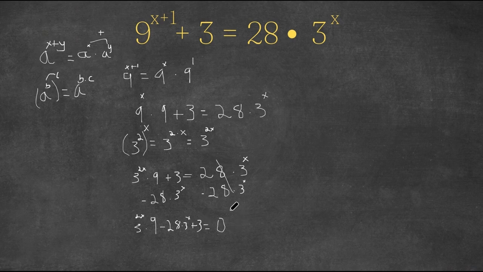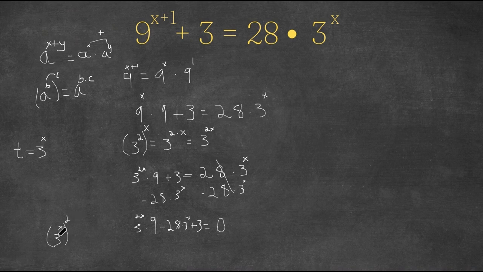So now what we're going to do is set the variable t equal to 3 to the power of x. Because as you can see, we have two terms with 3 to the power of x. And this 3 to the power of 2x can be written as 3 to the power of x, to the power of 2.